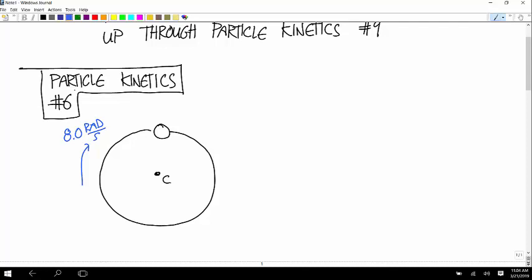And the radius of the circular path is 0.4 meters. It doesn't say anything about an angular acceleration, so we're going to treat that as 0.